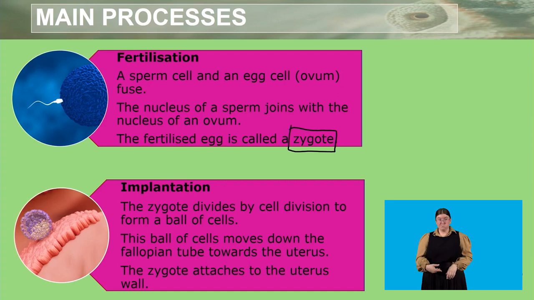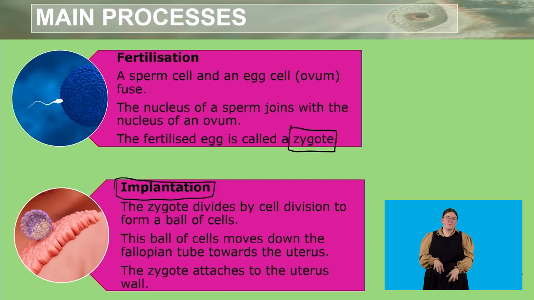During this process, the zygote will divide by a process known as cell division to form a ball of cells. This ball of cells moves down the fallopian tube towards the uterus, and this is where implantation takes place.